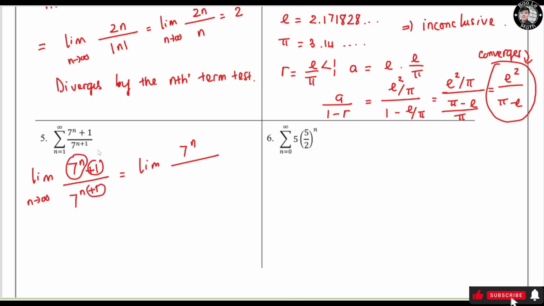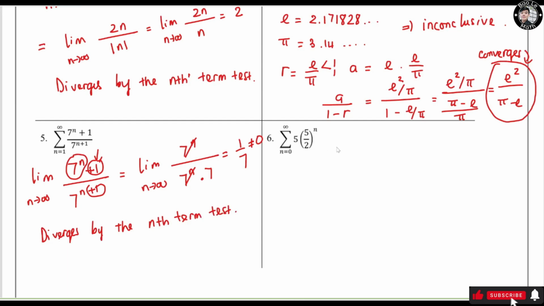You only ignore the 1 on the top, that's it. This one is addition, this one is multiplication. So you have 7 to the n over 7 to the n times 7, so it's going to be 1 over 7, because this cancels out, and this is not equal to 0. So we can say this series diverges by the nth term test.